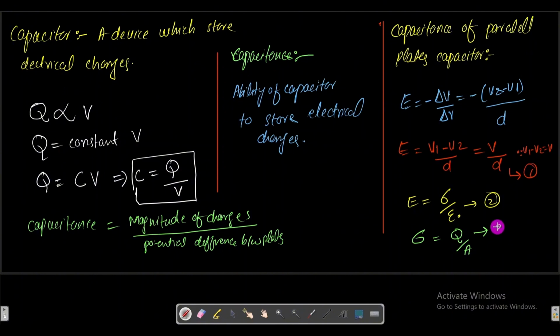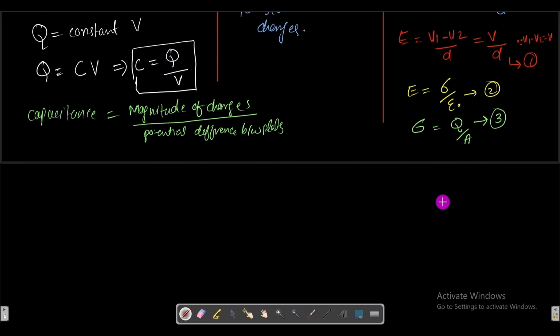This is equation 3. Now put equation 3 in equation 2. Then equation 2, E is equal to sigma, instead of sigma I put Q by A, divided by epsilon naught. So now this is equation 4.